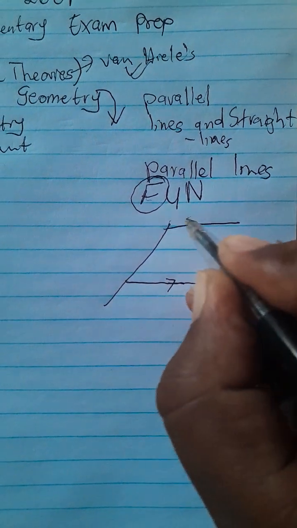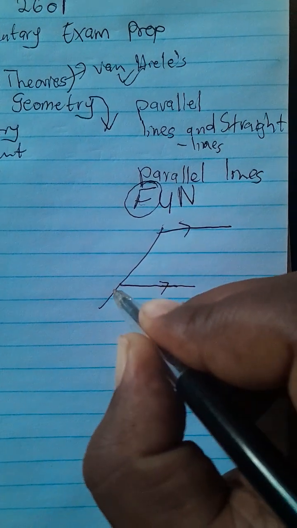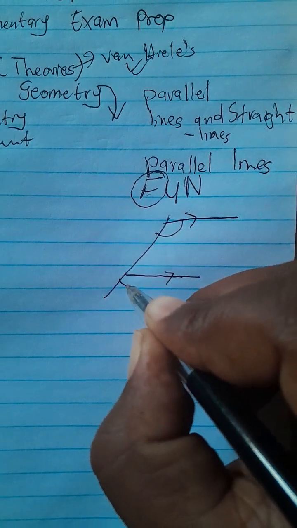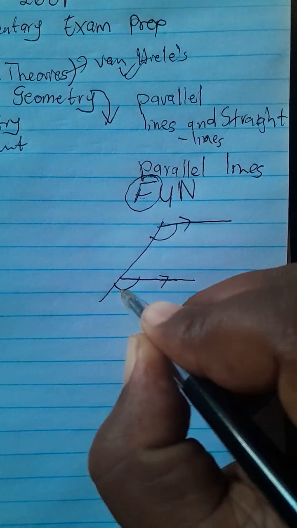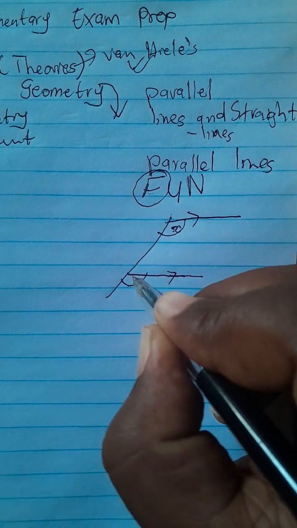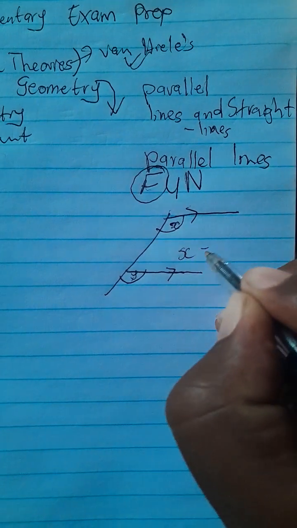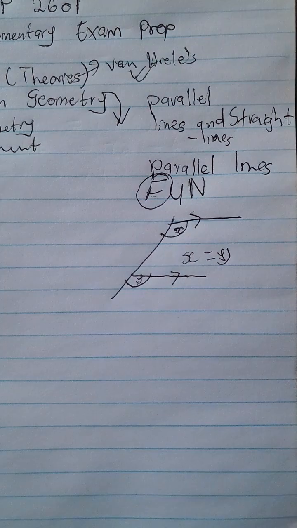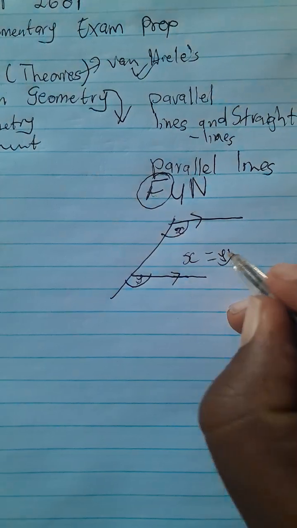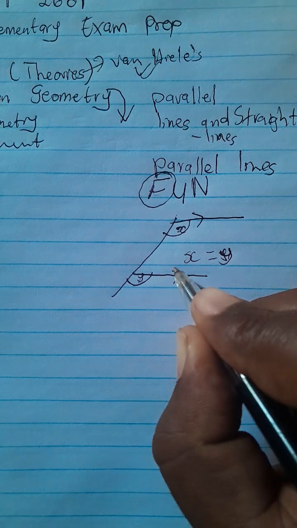Once you see such parallel lines that form an F, just know that corresponding angles are equal. Let's say it was X here, and here it was Y. So this will be X is equal to Y. I hope that makes sense.